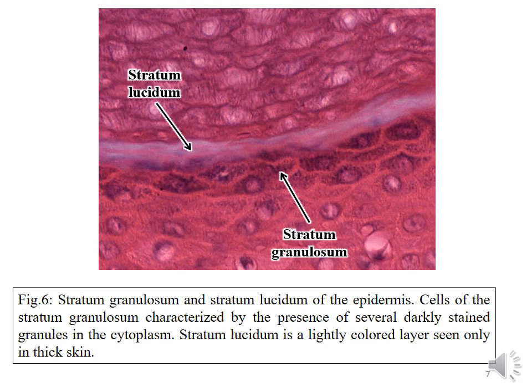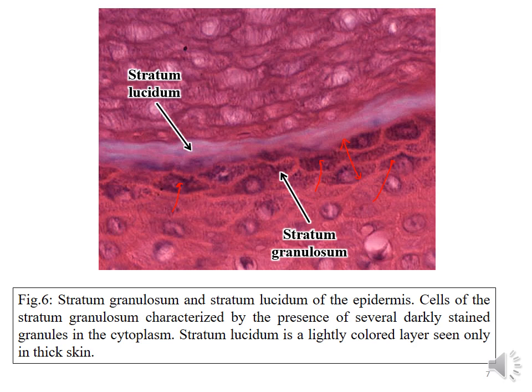Then we have the stratum granulosum. Stratum granulosum is formed of about 3 to 5 sublayers. If you look at the cells here, they are characterized by the presence of darkly stained granules.